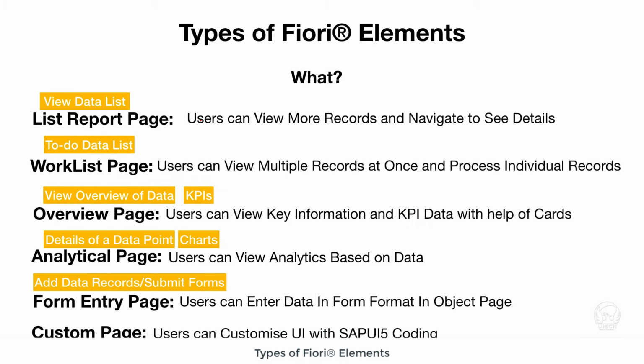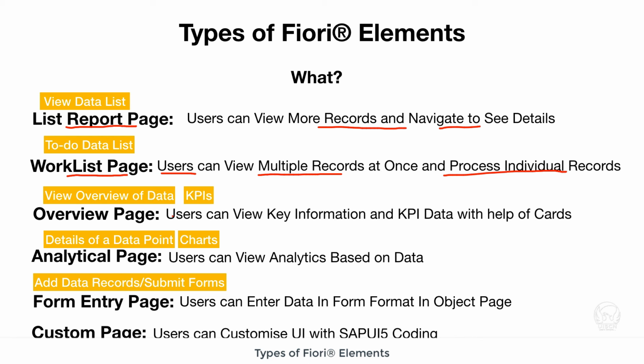So the first is when you need a user to view one or more records and navigate to see details, then we use the list report pages. When an action is also required, or some kind of process on the individual record or multiple records needs to be done, then the work list page Fiori elements is used.